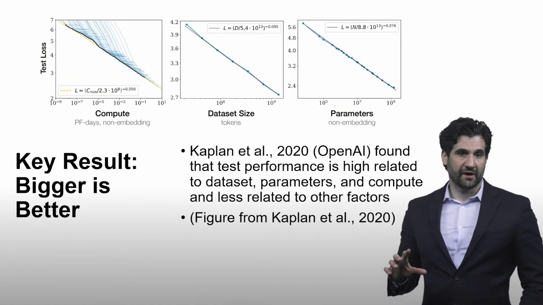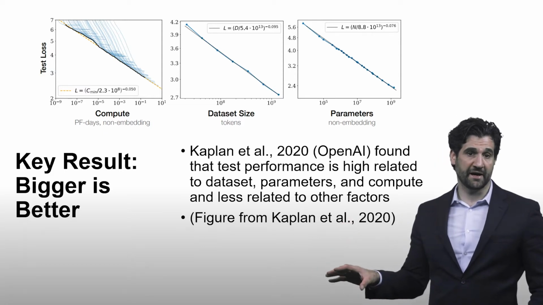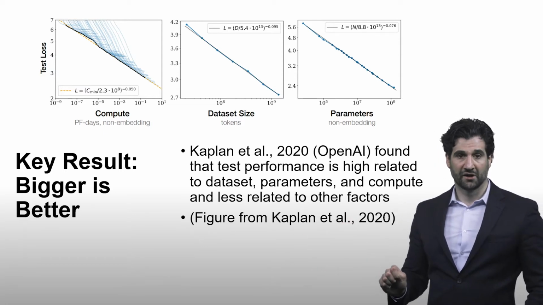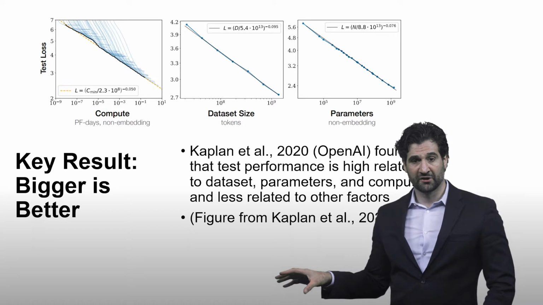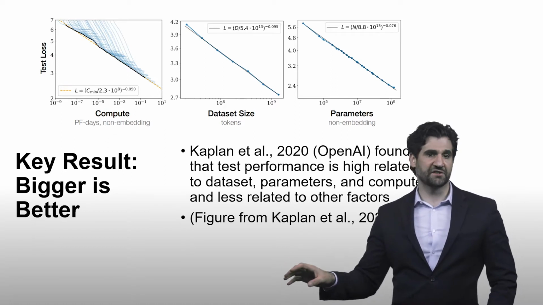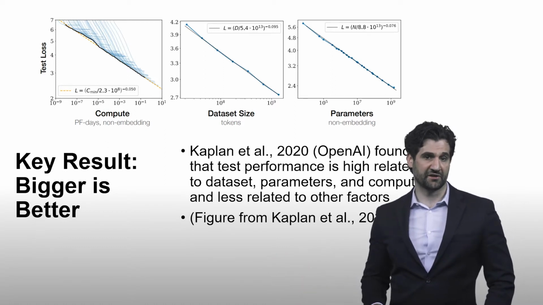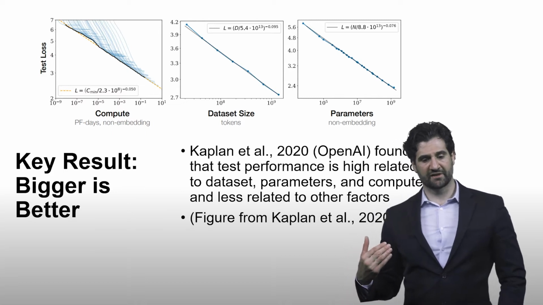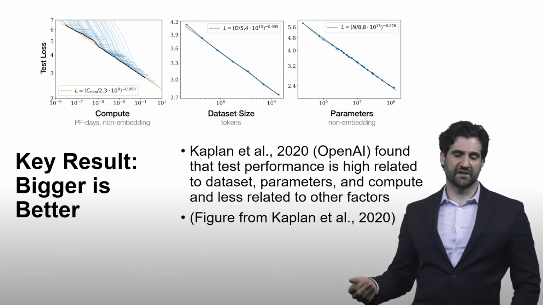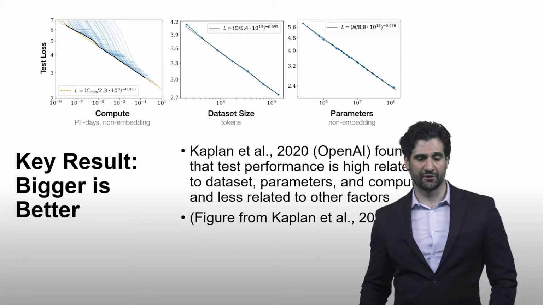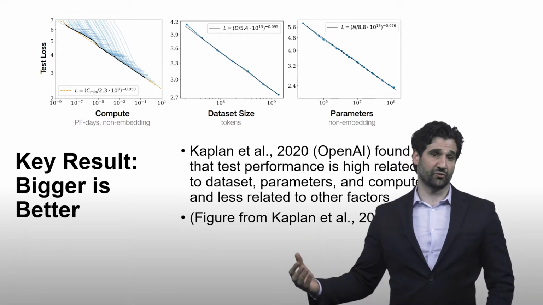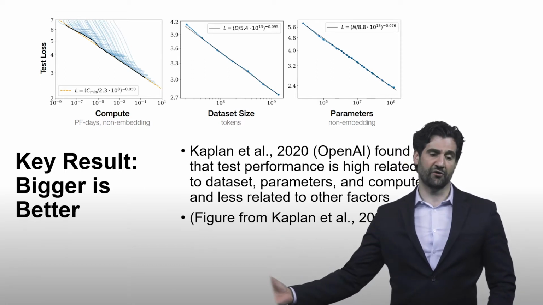So how do we get around this? Well, let's take a step back and look at another result in which the size of the model is compared to the test set. When we look at things like compute, data set size, and number of parameters, all those things are directly related to how well the model performs.